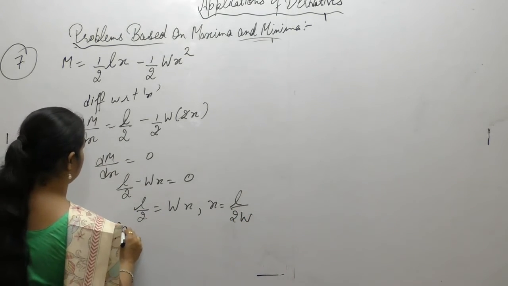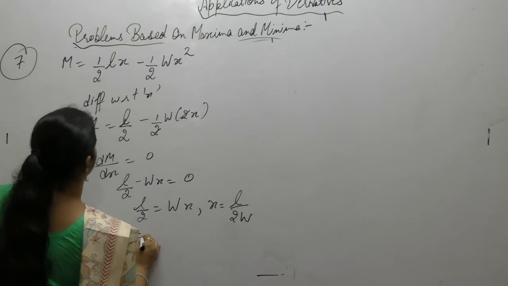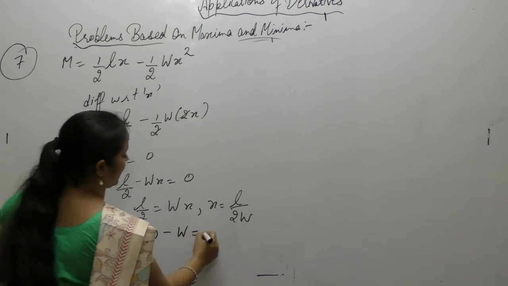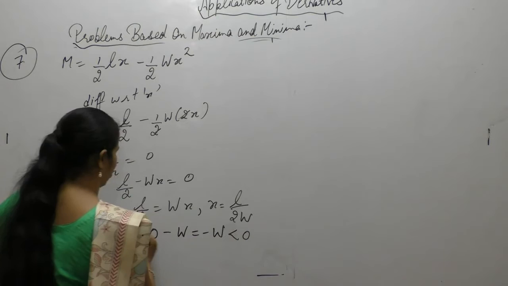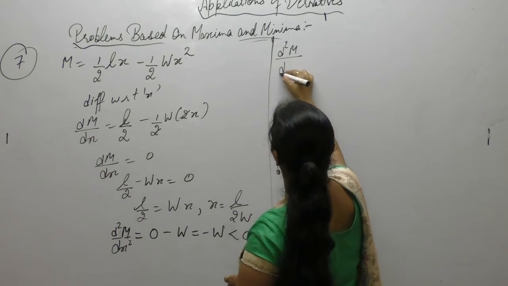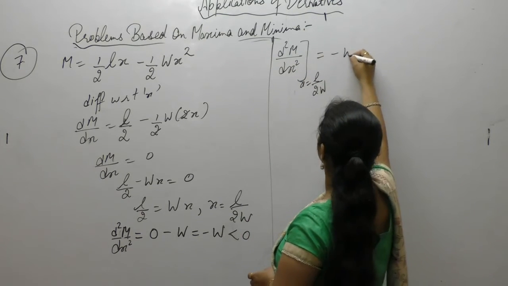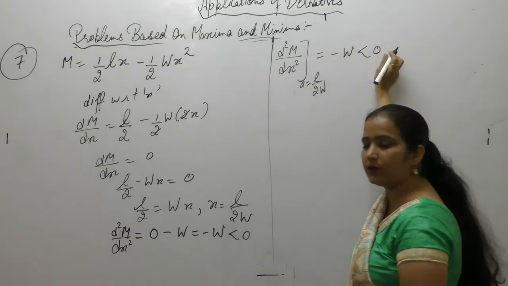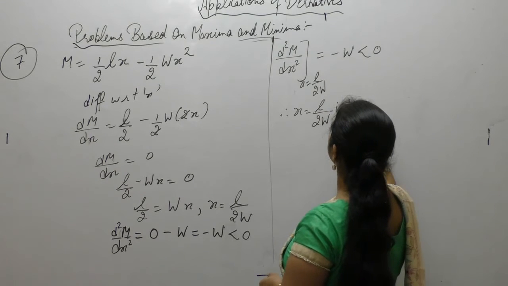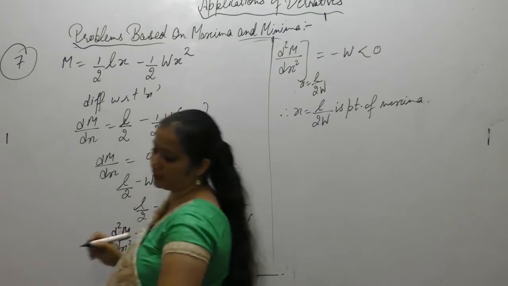Now find the second derivative, d square M upon dx square. Constant W, derivative of x is 1, so minus W, that is less than 0. If we find the second derivative at x equals L upon 2W, then also it is less than 0. Therefore, x equals L upon 2W is the point of maxima. What do we want to prove?